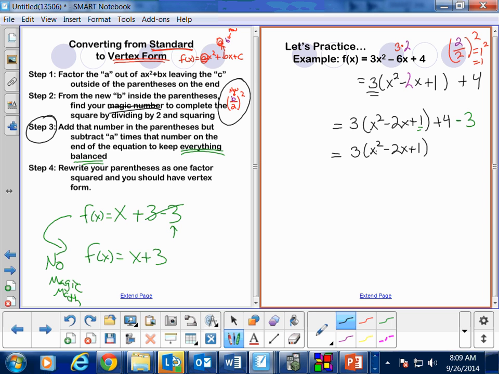Oh, well, actually, sorry. Last thing, we have to rewrite our parentheses to factor squared, and you should have the vertex form. What am I talking about? Now, this is one of the nice things about when we do this: this factors now, because we created a perfect square. And the way it factors is like this. This becomes 1.